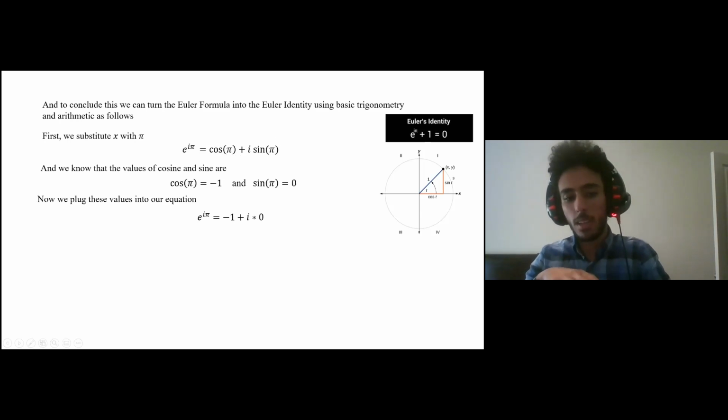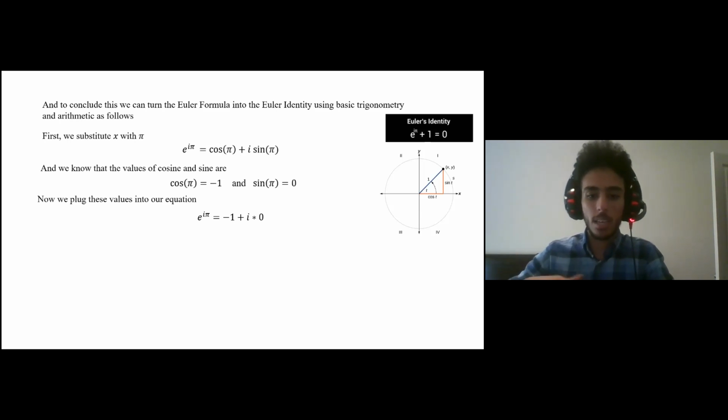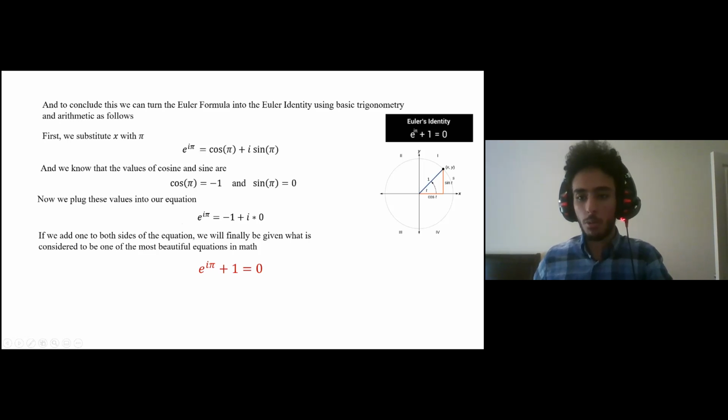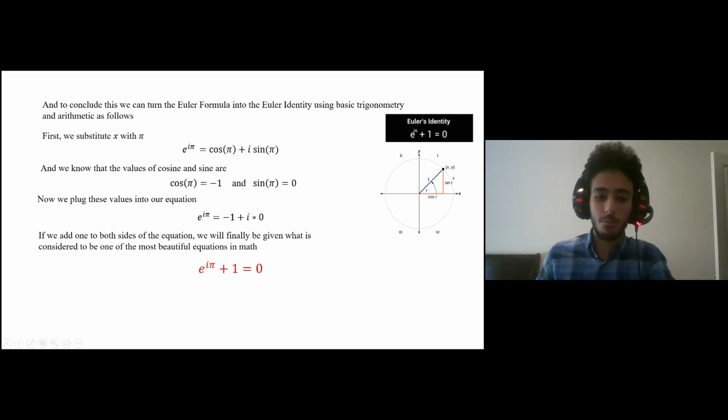Now we're going to plug those values into our previous equation, and it's going to give us e to the power of i pi is equal to minus 1 plus i times 0. This is going to be 0, and what we're going to do is add plus 1 to both sides in order to get our final Euler's identity, which is considered to be one of the most beautiful, as I said before.